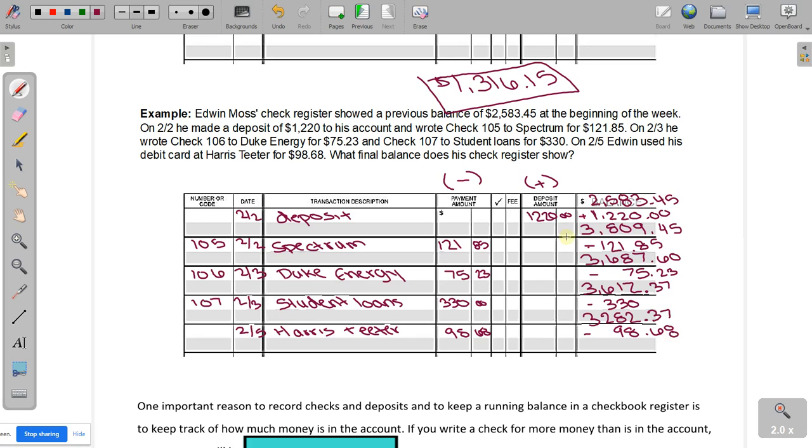So we have our new total of $3,183.69. So that is his final balance.